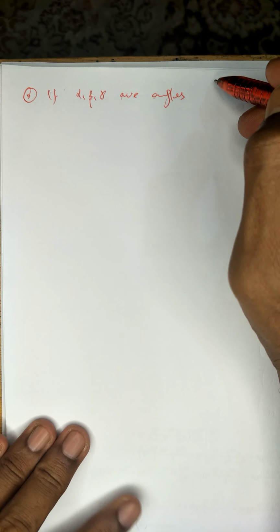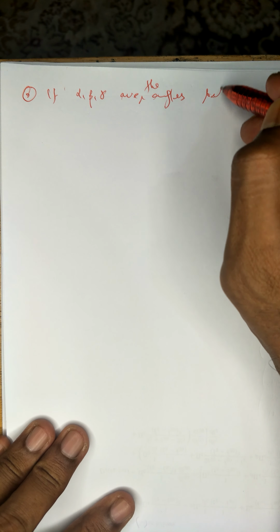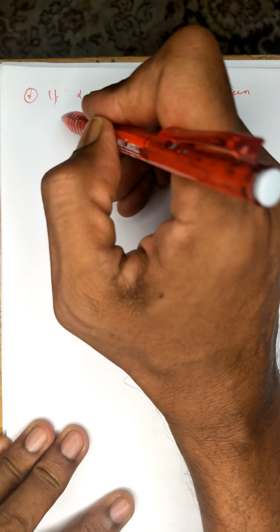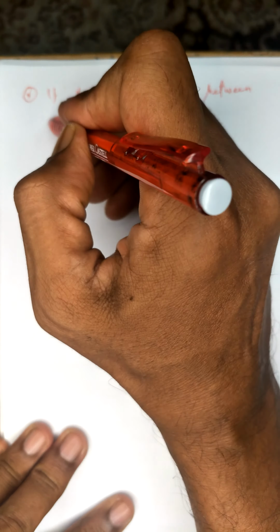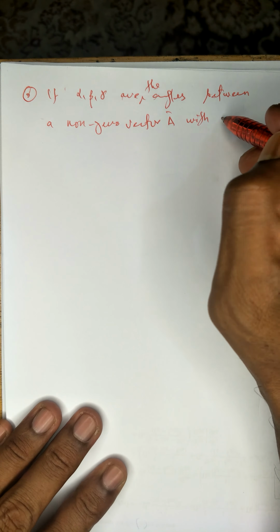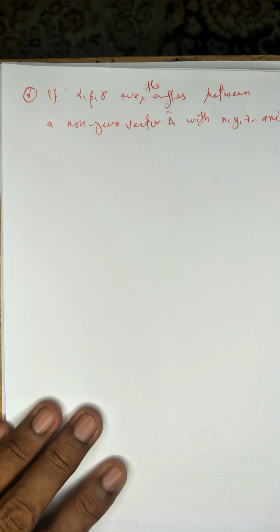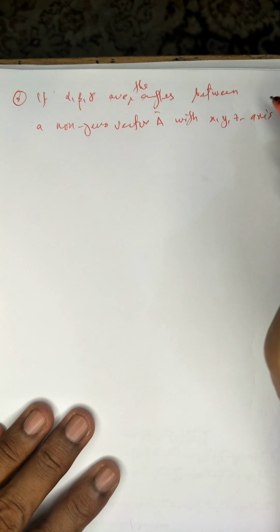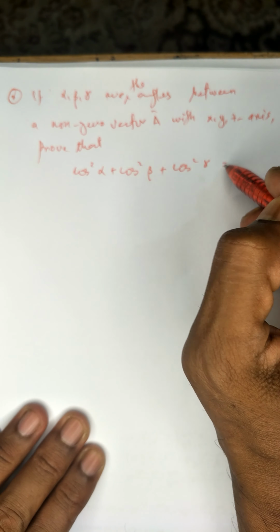Okay, this second one: if alpha, beta, and gamma are the angles between a non-zero vector A and the x, y, z axes, prove that cos squared alpha plus cos squared beta plus cos squared gamma is equal to 1.